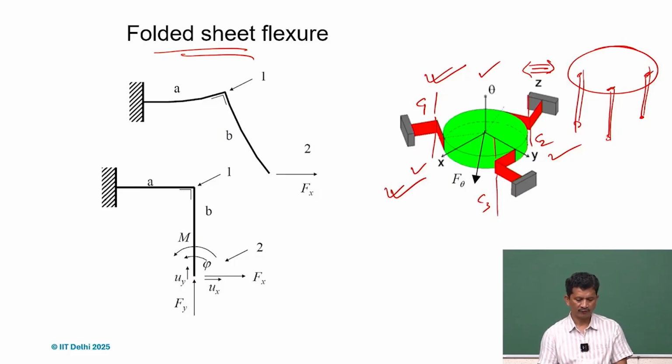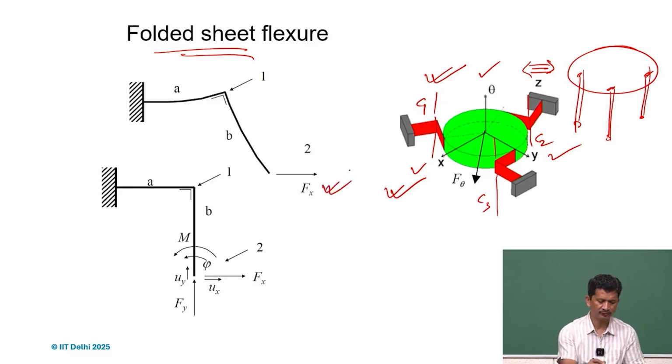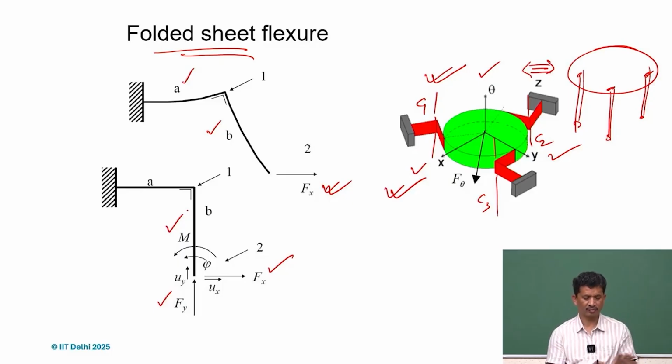Just a general case: if we apply force Fx, this is how it deforms, with A and B of different lengths. So in this case we have forces Fx, Fy, and M acting at the end. So all the compliant directions we are talking about now, and these are the associated deflections.